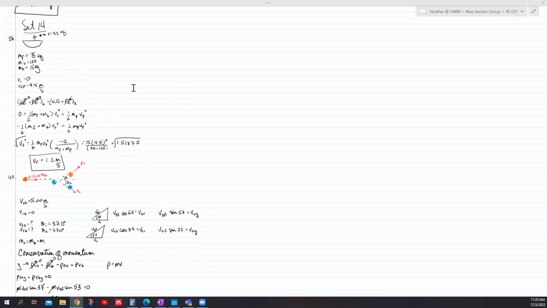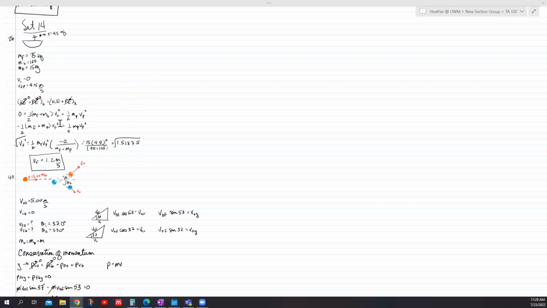So plugging in everything that we are given, what are we solving for? We're solving for the velocity of the man in the boat, which I've written here as VF squared.